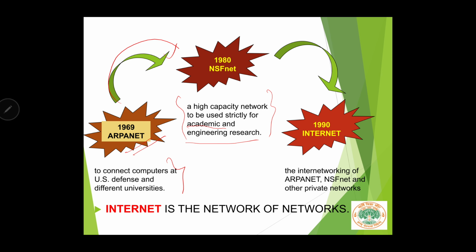But at about 1990, various other networks like ARPANET and NSFNET came into existence, and all the different networks were connected. And when different networks are connected, it becomes a network of networks, which we say today as the internet.